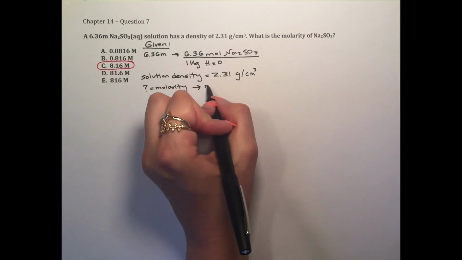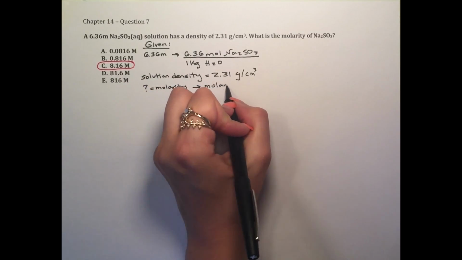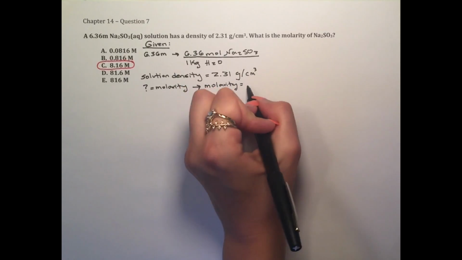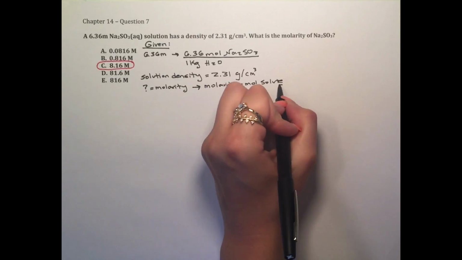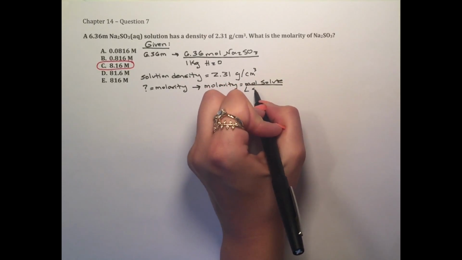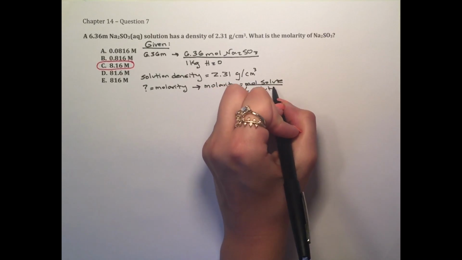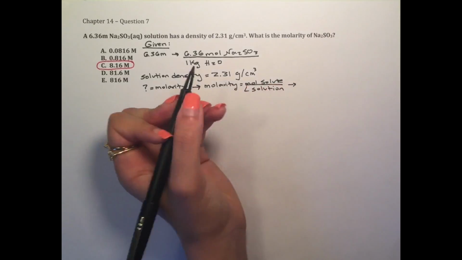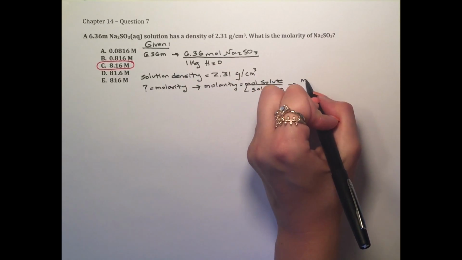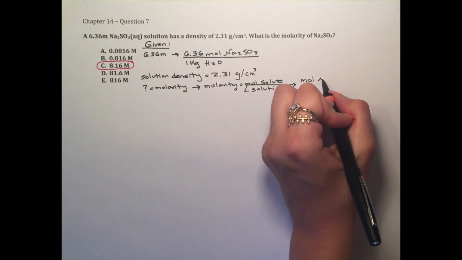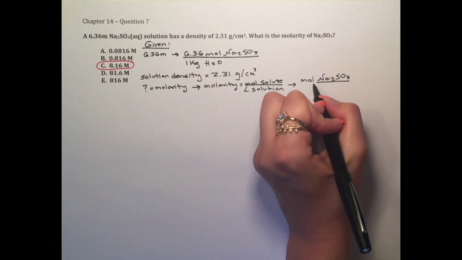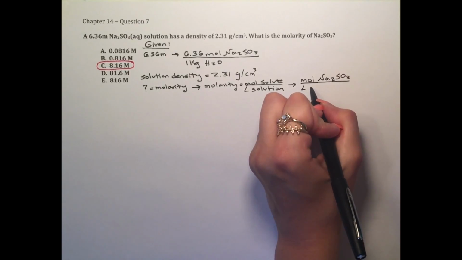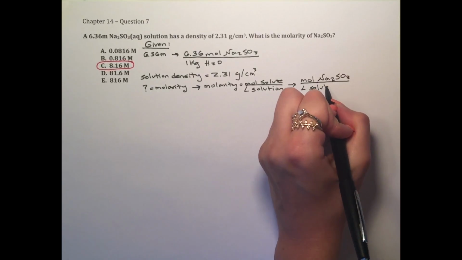Let's just remind ourselves what molarity is. Molarity is the moles of solute over liters of solution. So in this case, molarity is going to be the moles of Na2SO3 over liters of solution.